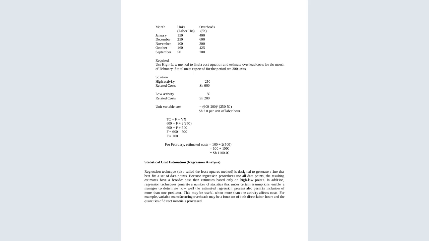So our next task is to find the value of F. So how do we get the value of F? We can get the value of F using what we call the substitution method.